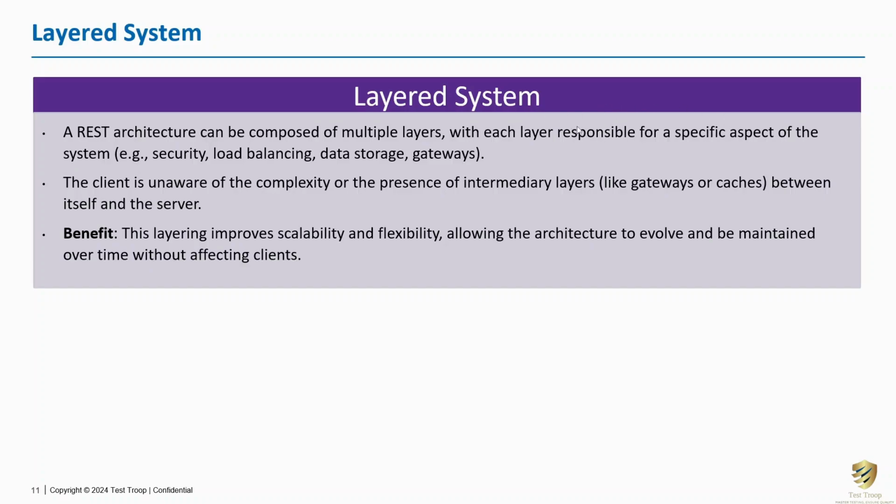Each layer is responsible for a particular piece of the functionality. For example: the firewall responsible for security, load balancing, API gateways, data storage, etc. The important thing is the client is unaware of the complexity and also the presence of these intermediate layers like gateways or caches between itself and the server.